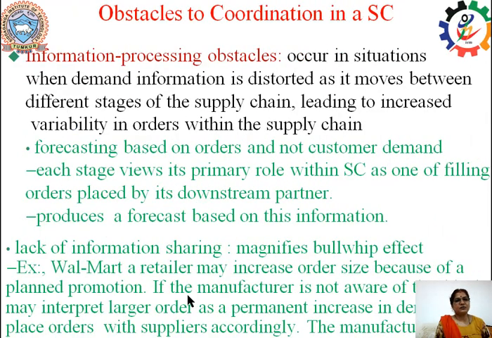So let us see what are they. Information processing obstacles occur in situations when demand information is distorted as it moves between different stages of the supply chain, leading to increased variability in orders. What happens is only the retailer will forecast the demand correctly based on the demand he is going to get, because that is the point of sale.